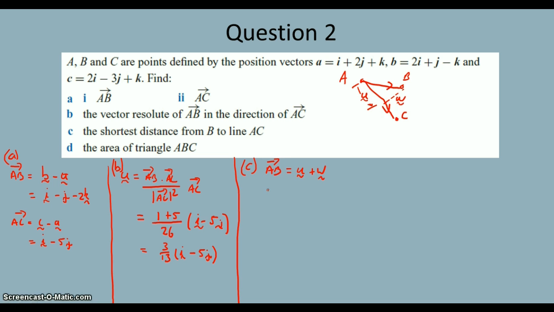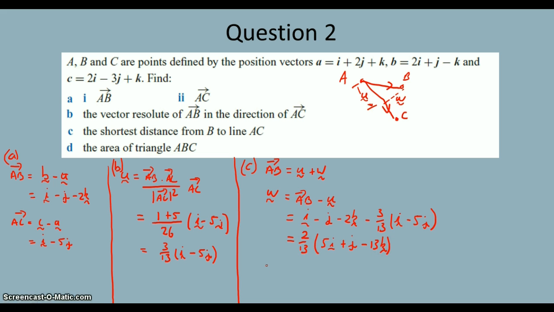The vector W is equal to vector AB minus U, which is i minus j minus 2k, minus 3 on 13, i minus 5j, which when we simplify that is 2 on 13, 5i plus j minus 13k.